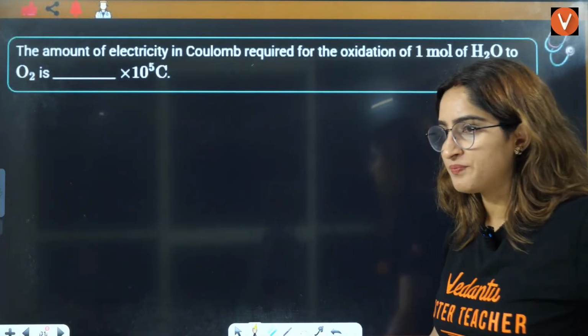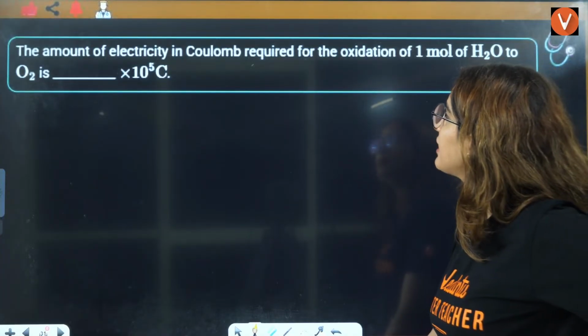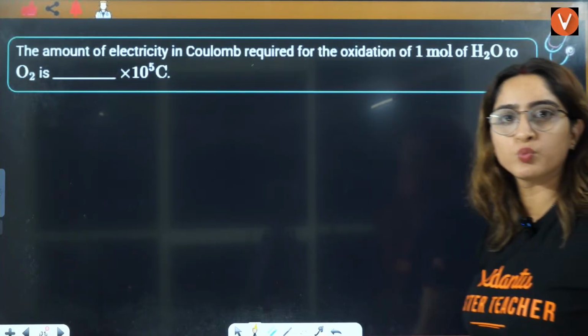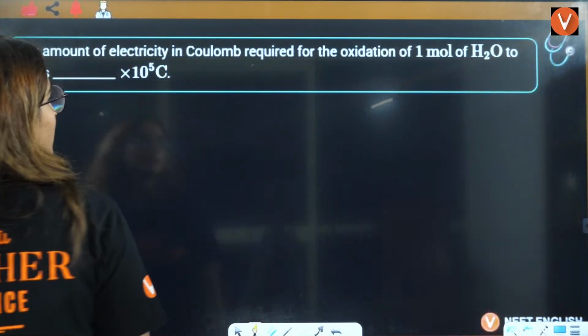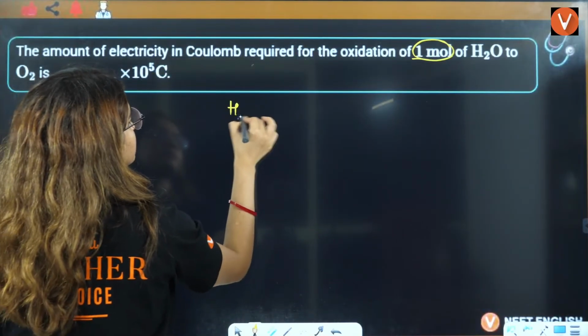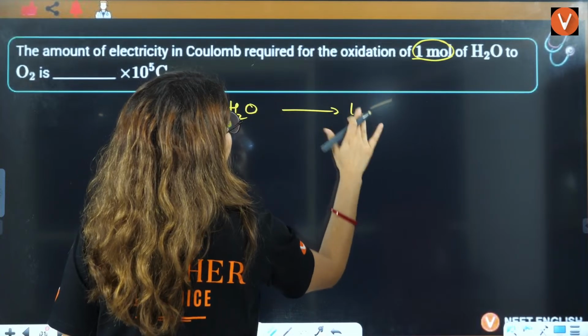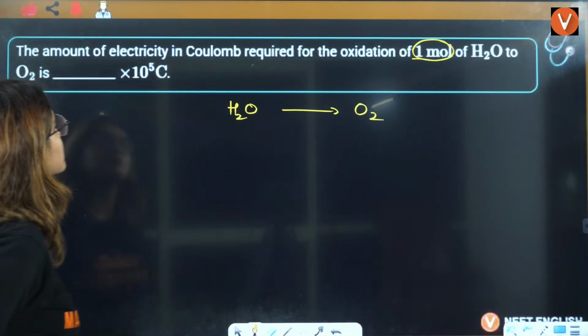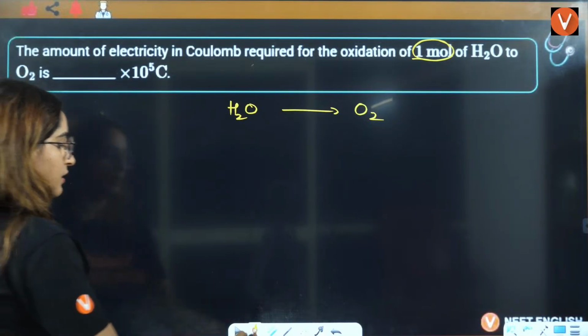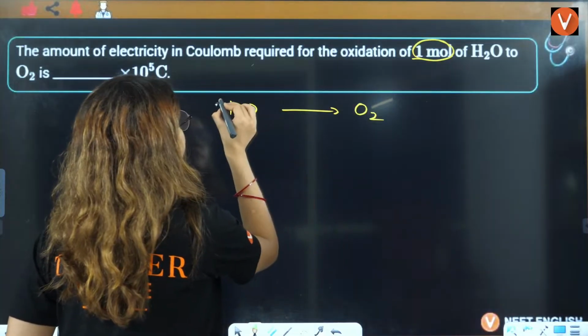Next question here. Amount of electricity in coulombs required for oxidation of 1 mole of H2O to O2. Oxidation is happening. Amount of electricity is what they are asking you in coulombs, right? And this should be 1 mole.